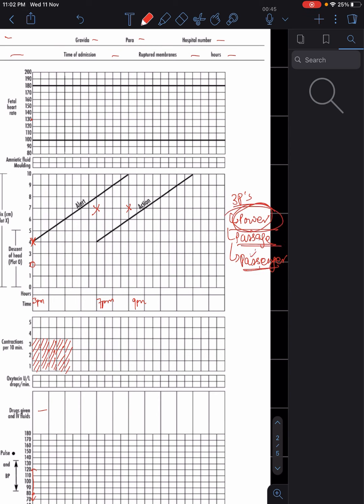So at this point, supposing her contractions have gone down to mild, right? So I will give her Synto according to her contractions. So oxytocin has to be given according to contractions, right?